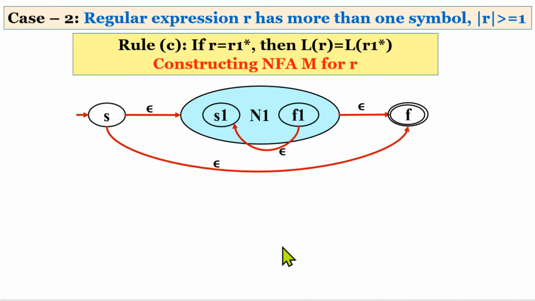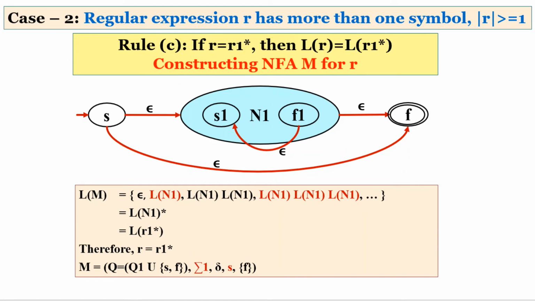So this is the final transition diagram for machine M, and this is the proof that the language of the machine is null together with the language of N1, meaning multiple occurrences of the same expression. The language of N1 is presented as the Kleene closure N1 star, which is equivalent to R1 star. So the language of machine M is equivalent to the language of the closure of R1, the Kleene closure.